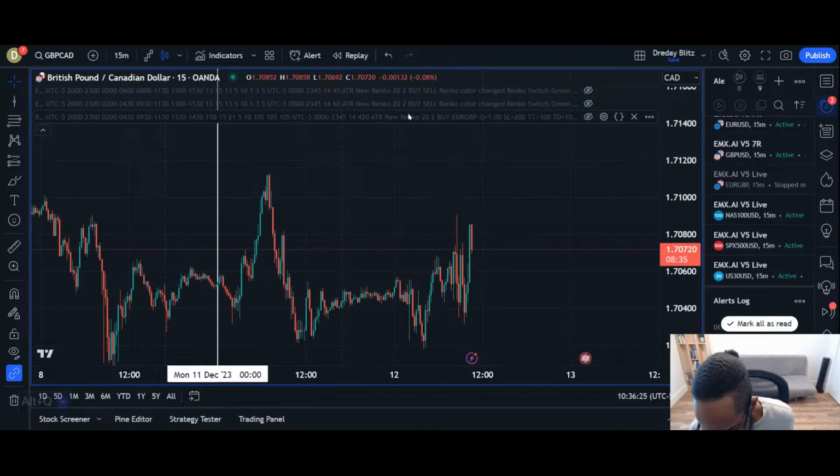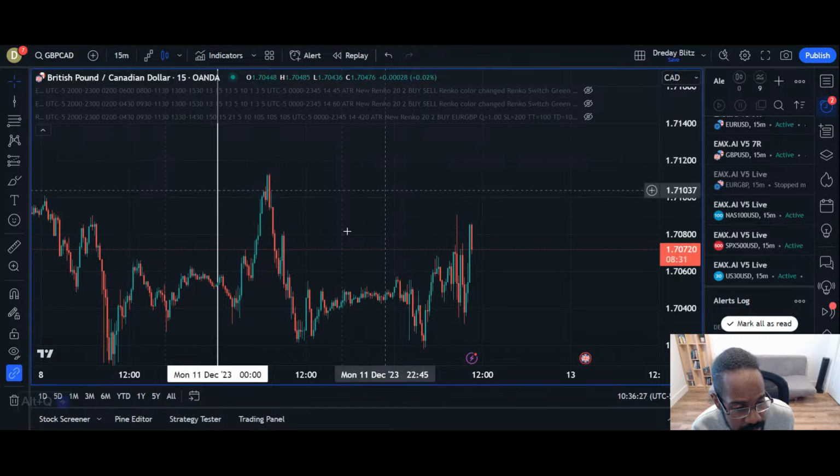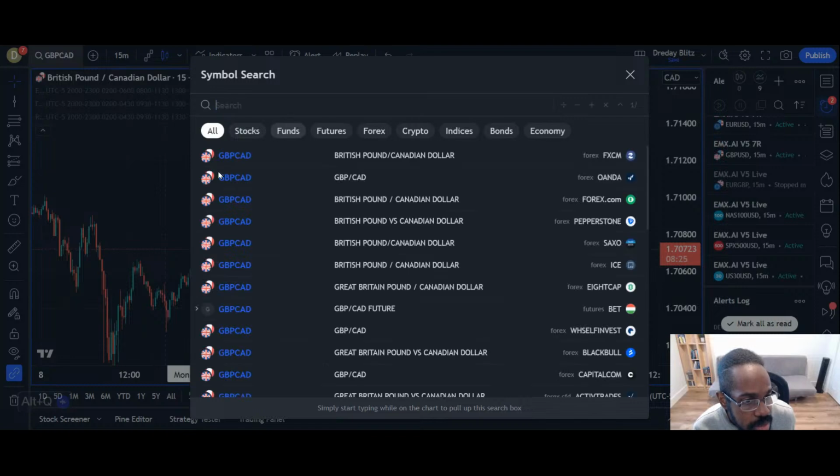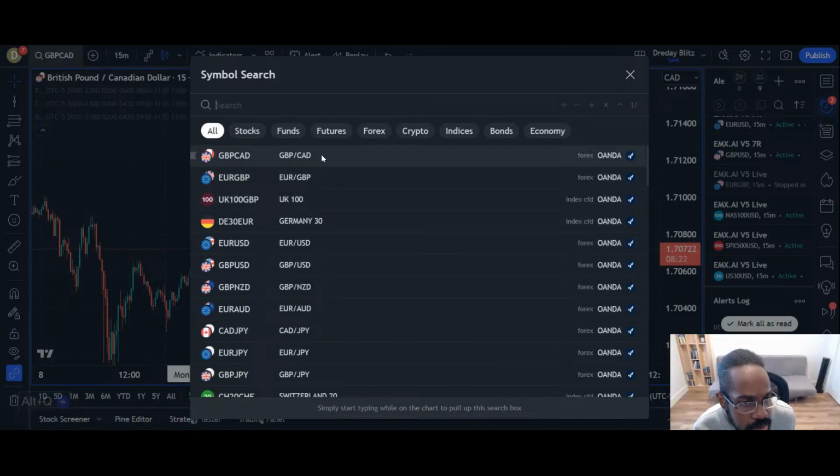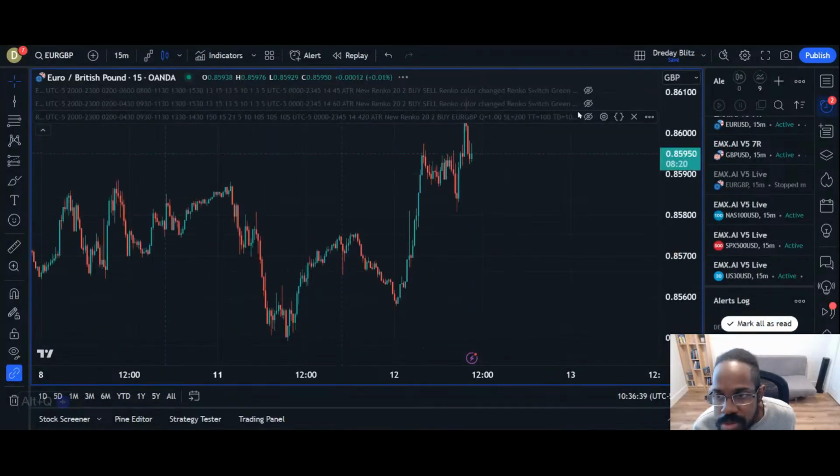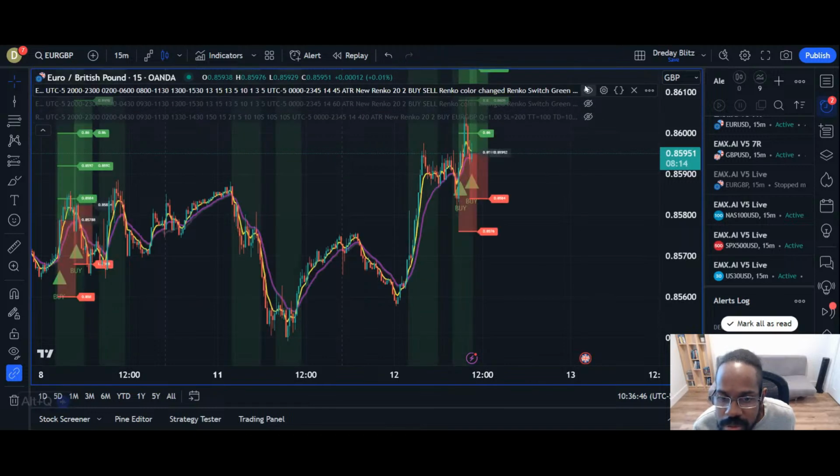So same thing for GU and GCAD. Looking for a long play for this week. All right, pull back up your GBP and open this.